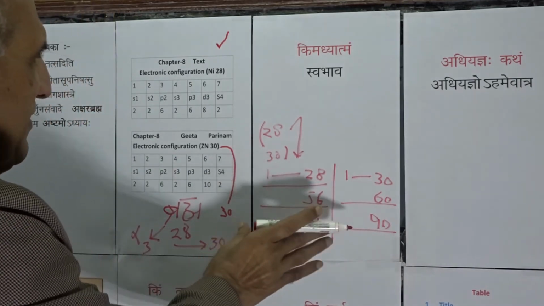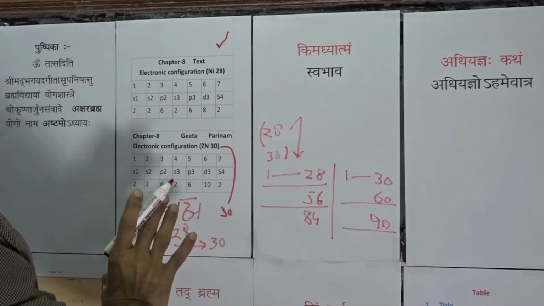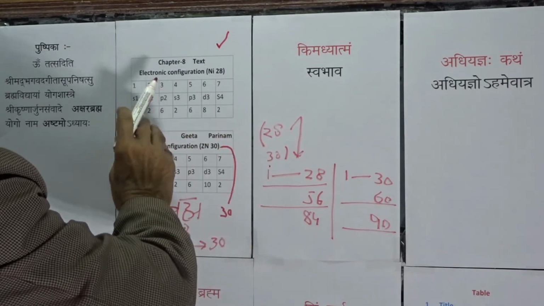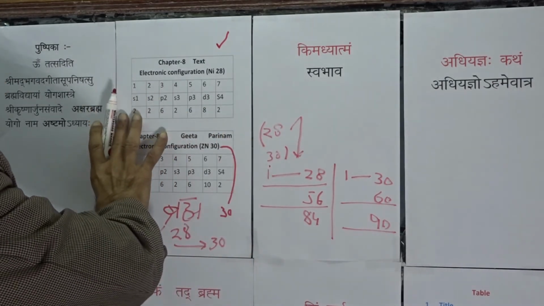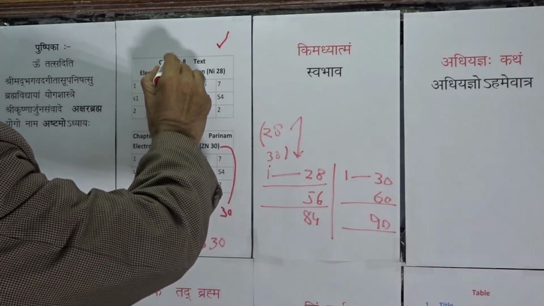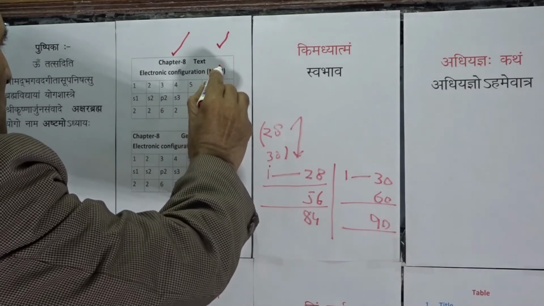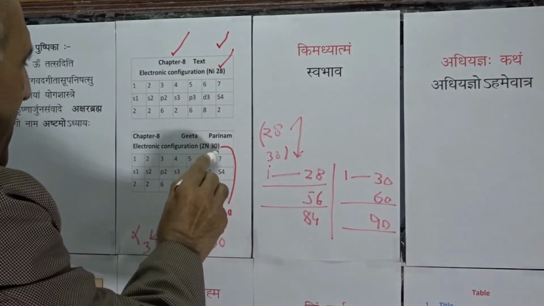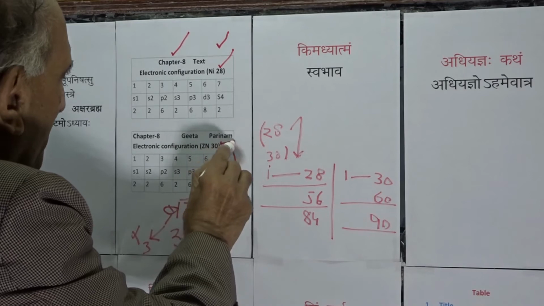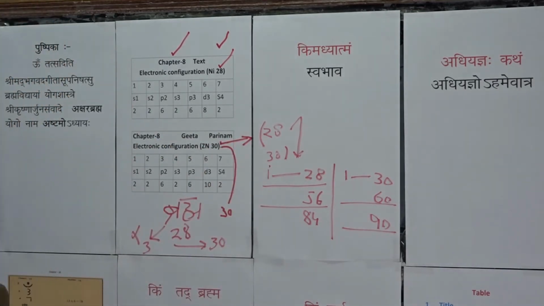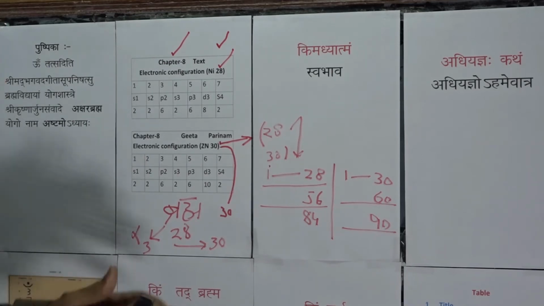It is this interrelationship of the values 28 and 30 and the organization of chapter 8, Akshar Braham Yog of Srimad Bhagavad Gita, being of 28 shlokas range, and the same as per Geeta Pranam shloka being of 30 shlokas range. Therefore, one shall sit comfortably and tabulate these features.